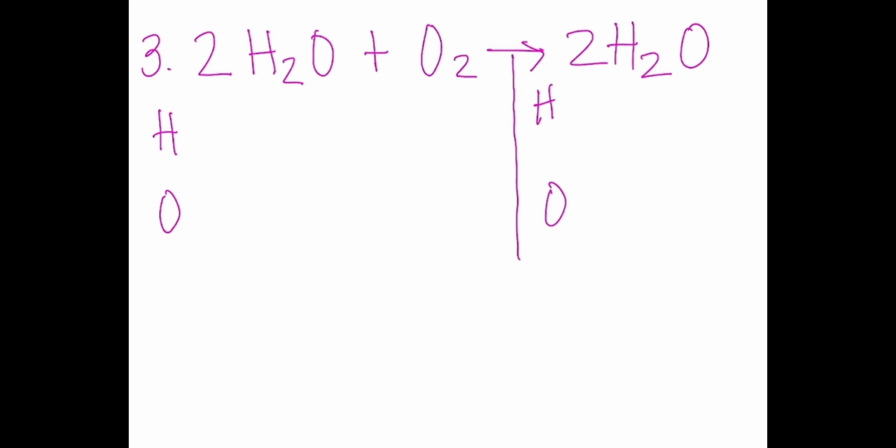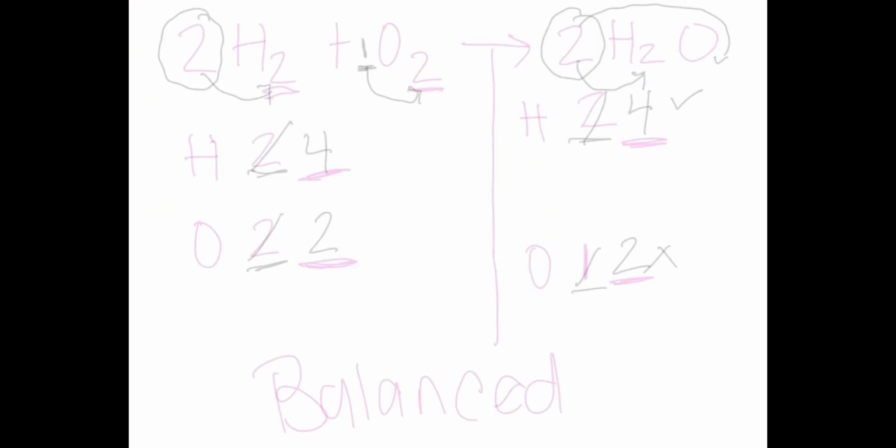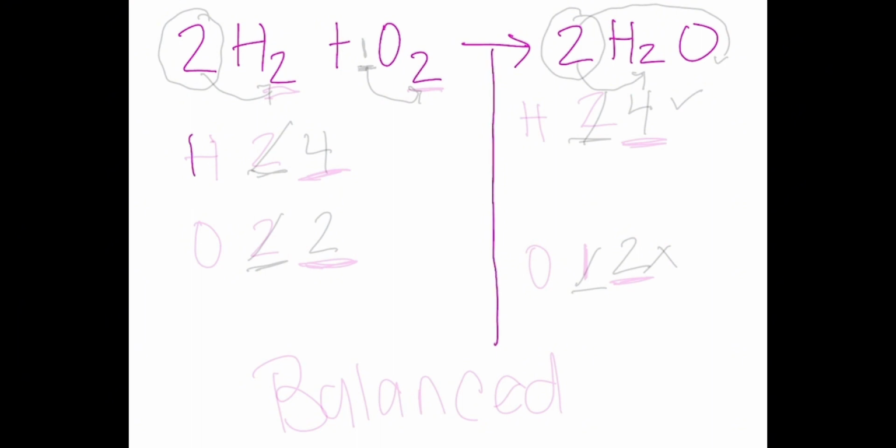Actually, let's scratch this. Let me rewrite this example over. This example should be 2H2 plus O2 yields 2H2O. Sorry about that. So let me just start from here. So it should just be H and O.